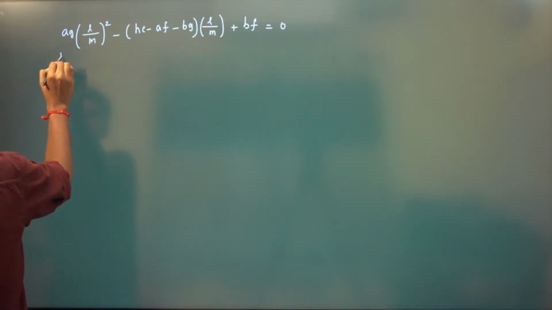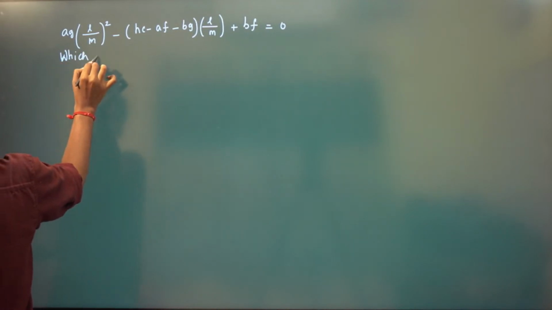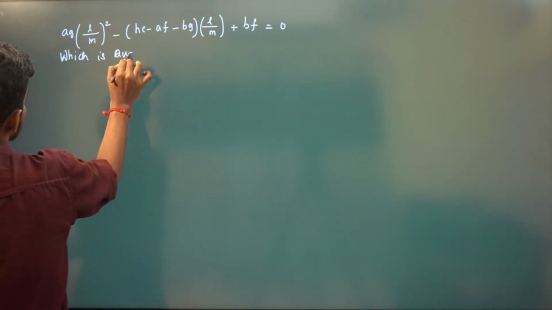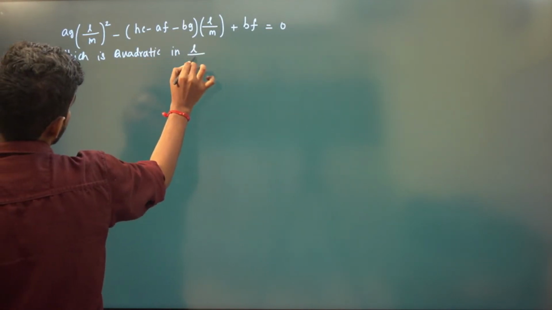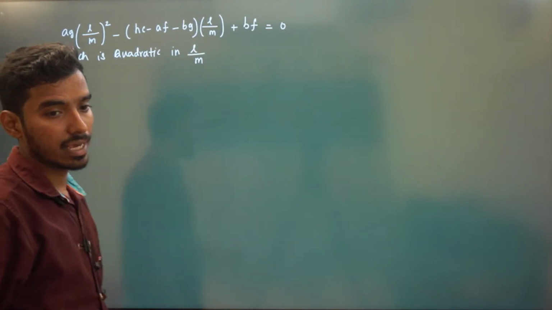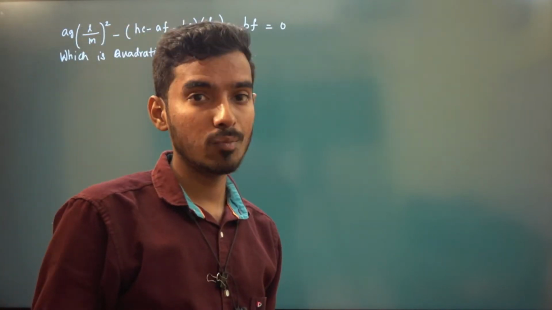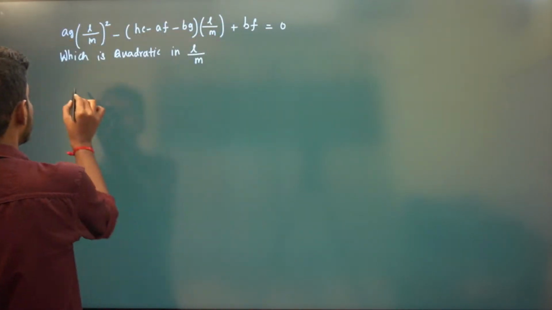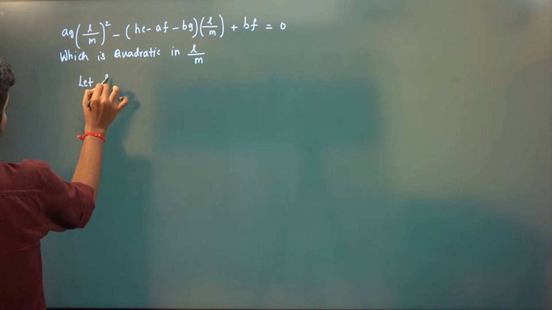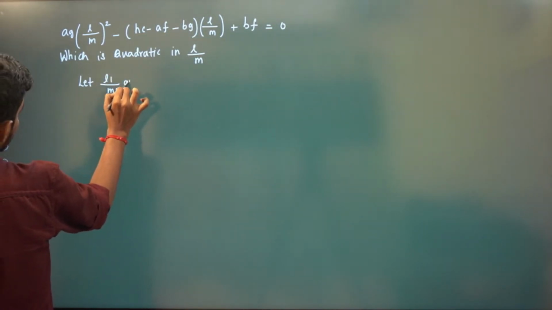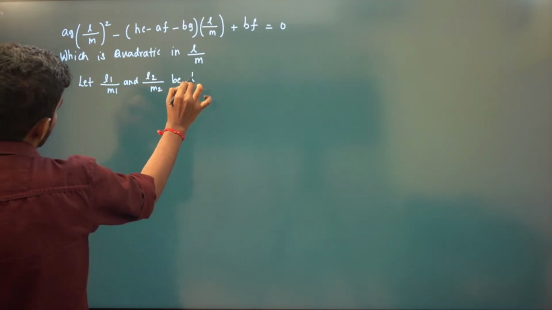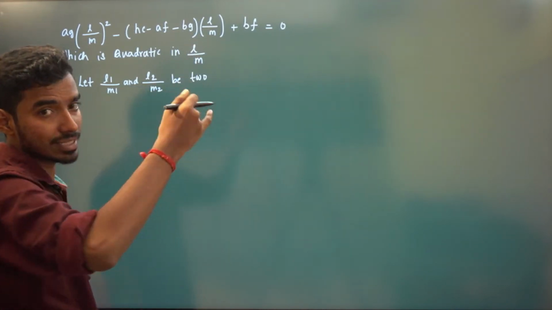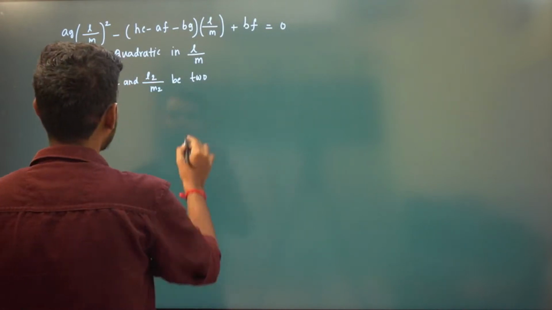Which is quadratic in L by M, right? So let L1 by M1 and L2 by M2 be the two roots.